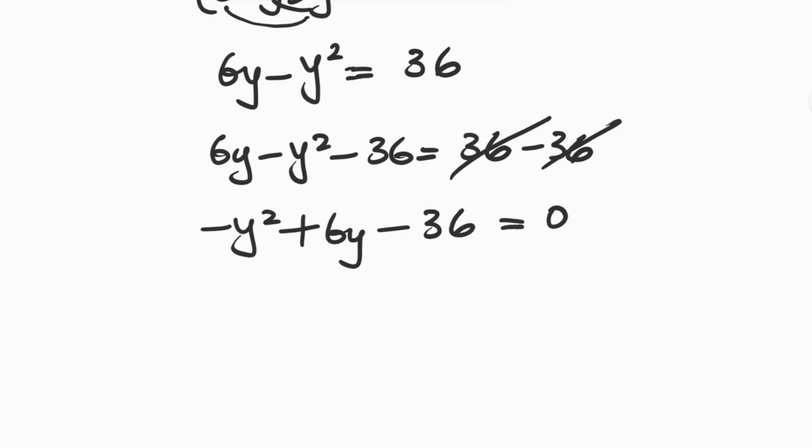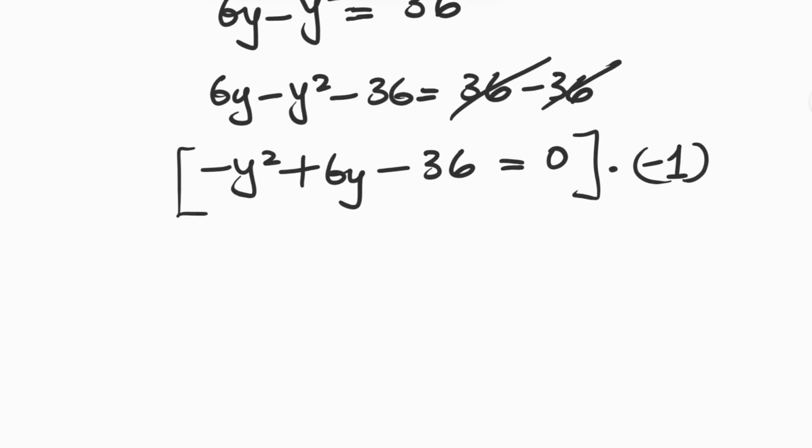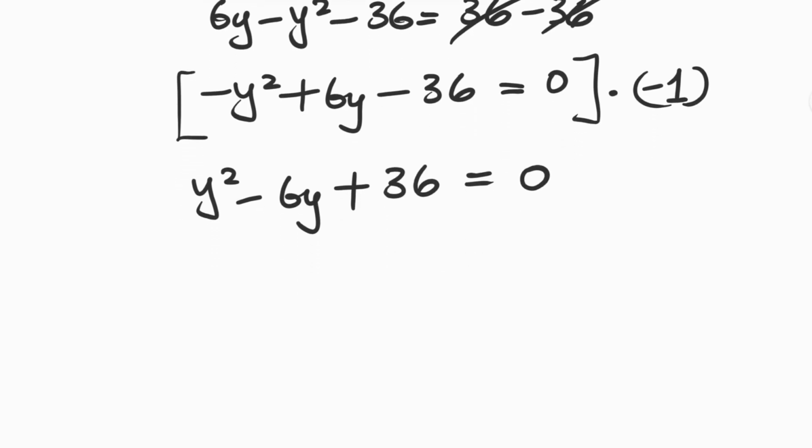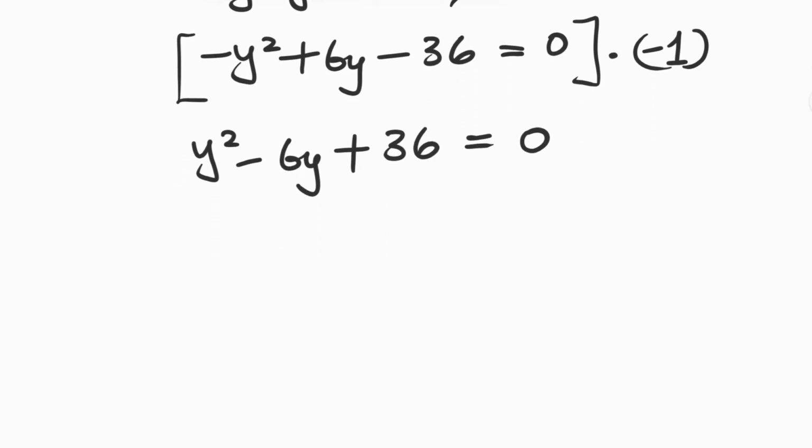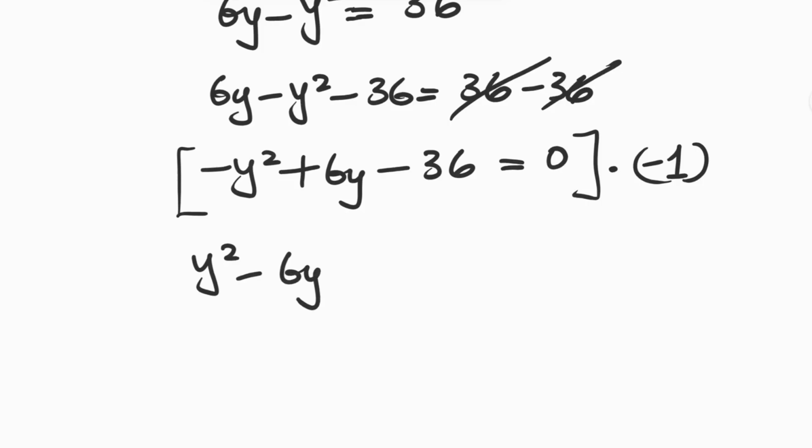Now, to make our y squared positive, we multiply through by minus 1. So we'll multiply the left side and right hand side by minus 1. And then the equation now becomes y squared minus 6y plus 36 equal to 0.